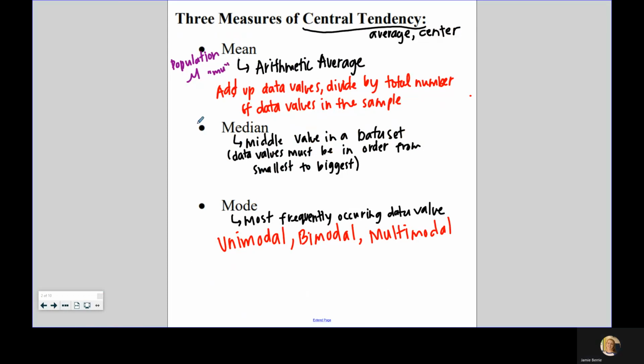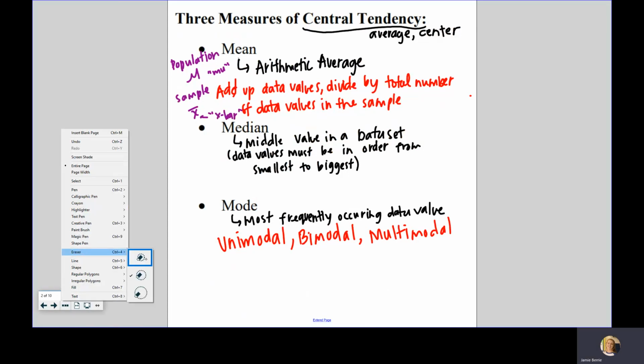And if you're talking about a sample mean, then we refer to that as X bar. So it's an X with a line over it. And this again is called X bar. So that's the sample mean. Let me see if I can write that a little bit neater.